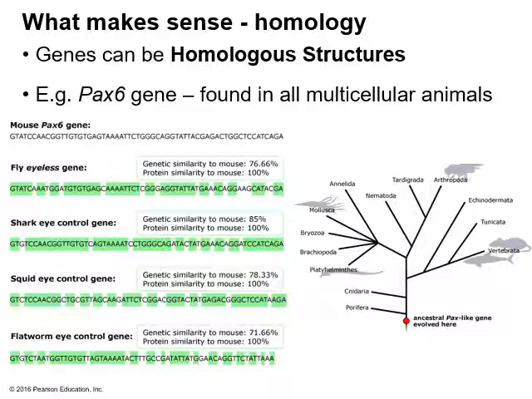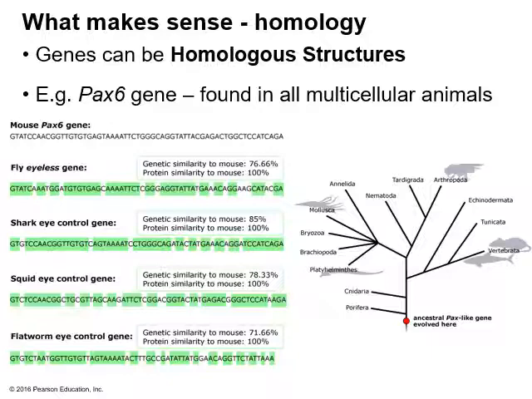So kind of an interesting thing is that genes can also be homologous structures. Genes, as in those bits of DNA that encode certain proteins. A really good example of this is what's known as the PAX6 gene. This is a gene that is found in all of the multicellular animals, from things as simple as sponges to things as complex as us and bears and dogs and fishes.